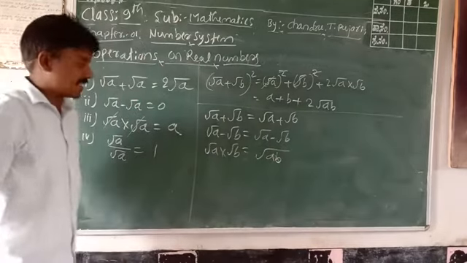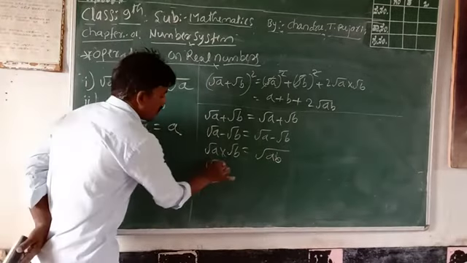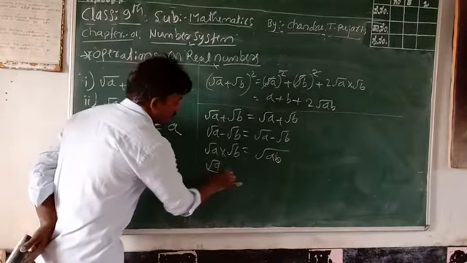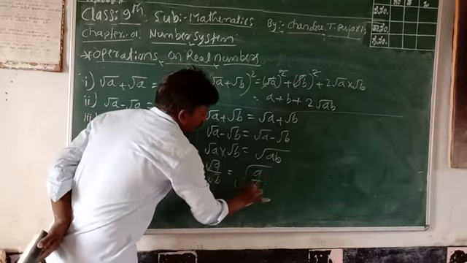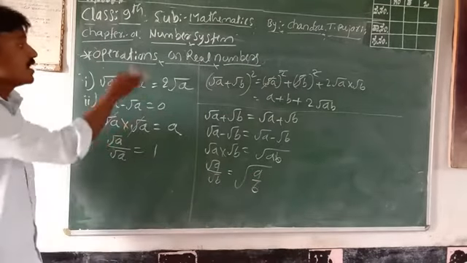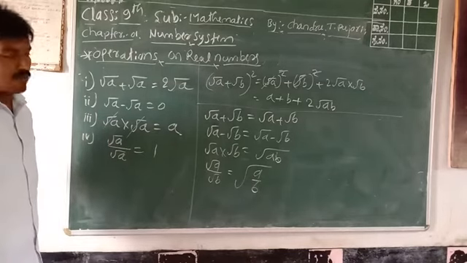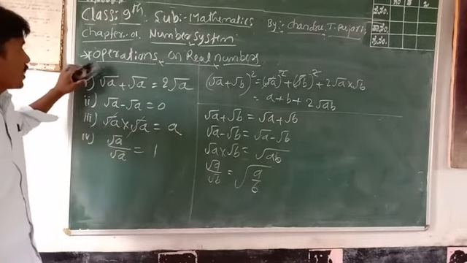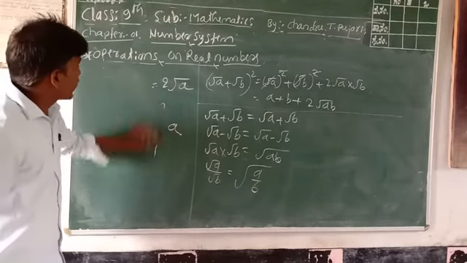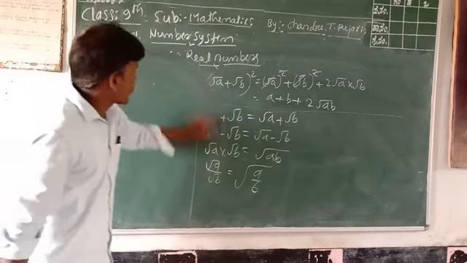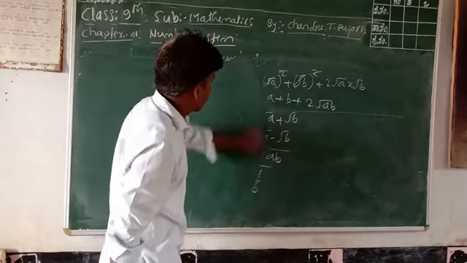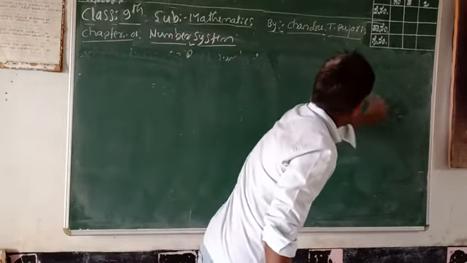Again root a divided by root b is equal to root a by b. These are some rules in operations of real numbers. You can check yourself some examples on operations of real numbers.